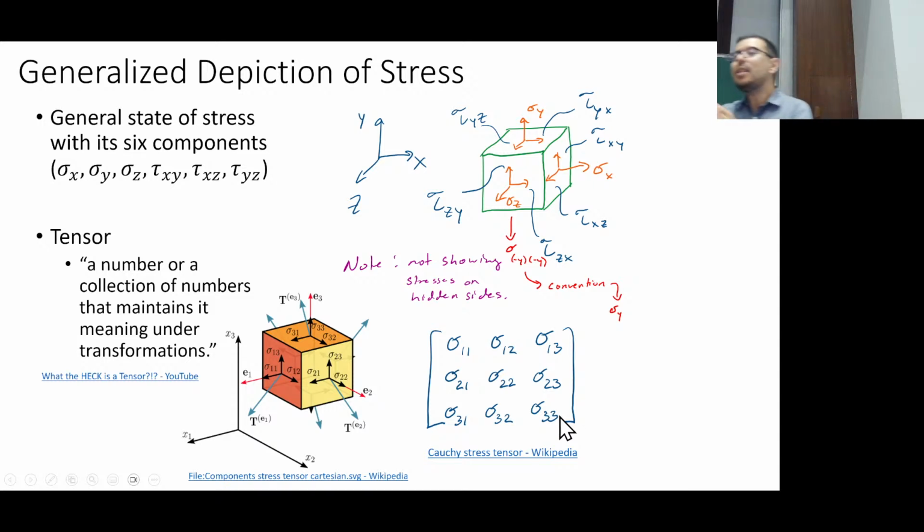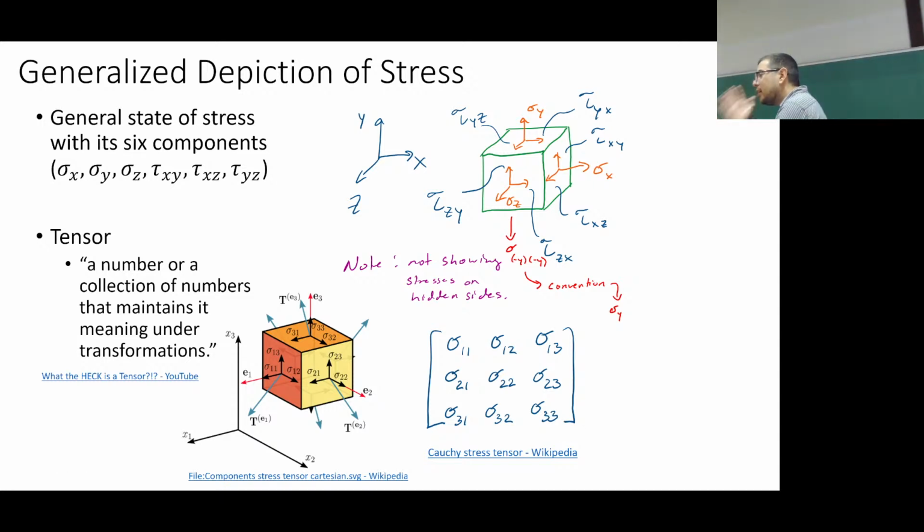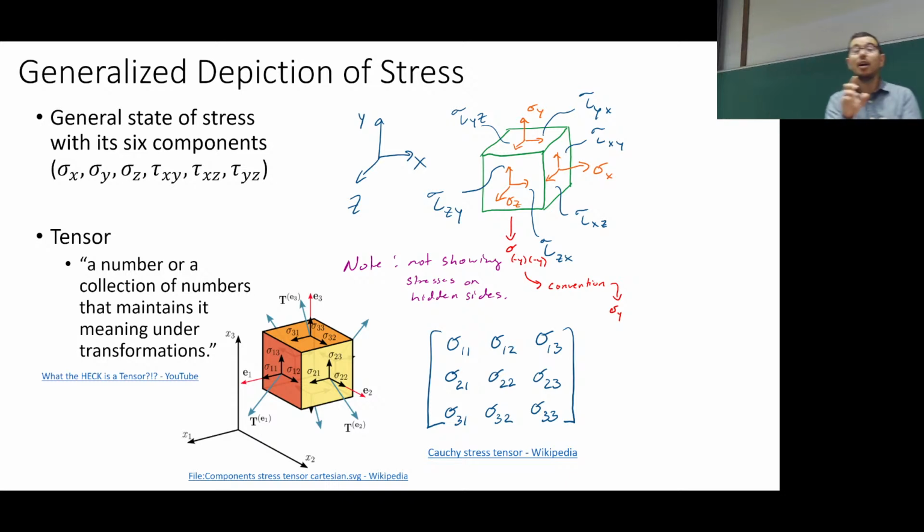The meat of the matter is that a tensor is a special type of matrix that preserves its information as we rotate the element. You can watch those videos, and we'll talk more about this in the future.